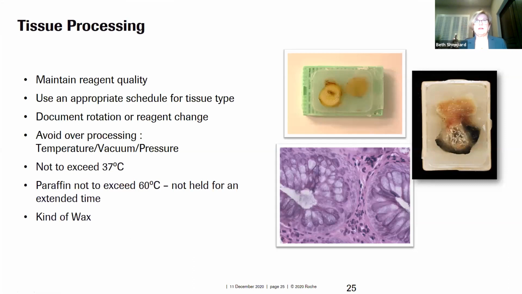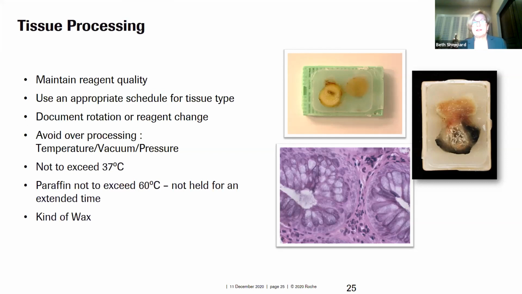Make sure you document the reagent changes, and this should be done on a daily basis. Don't avoid the over processing by temperature, vacuum, and pressure. In many cases, you don't need vacuum and pressure, but the temperature can be ambient even, and it's not really needed because this reaction takes place very naturally if it's done appropriately and there is some kind of agitation, and you're not overstocking the cassette chamber.